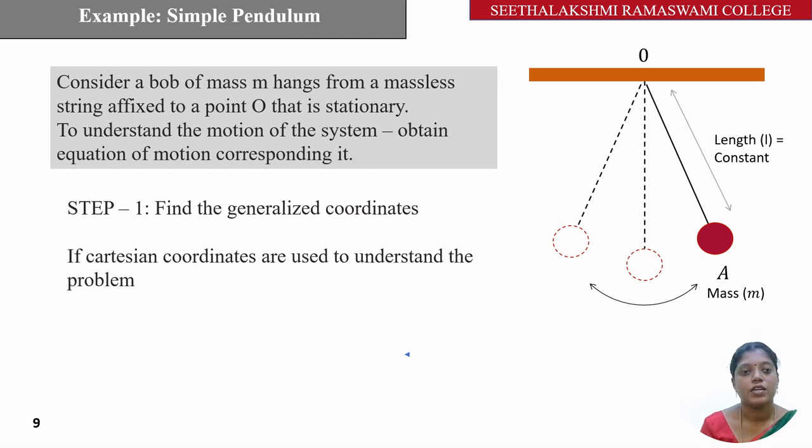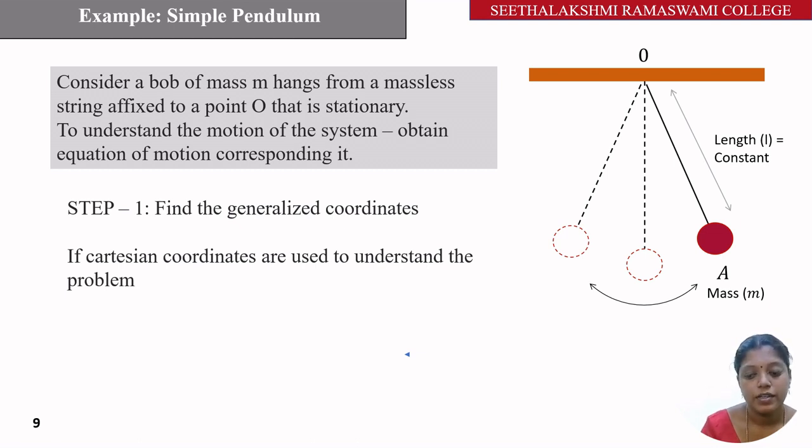So we are going to study the motion of this pendulum through Lagrangian as well as Hamiltonian mechanics. As is obvious, in studying Lagrangian mechanics, the first step is to find the generalized coordinates, the minimum coordinates that are useful in describing the state of the system.